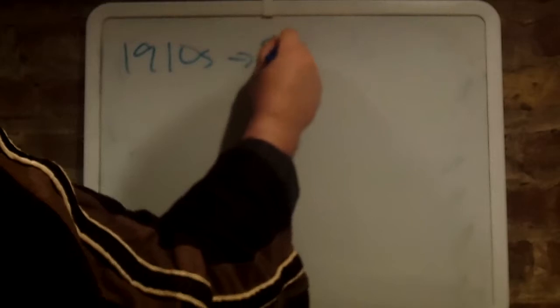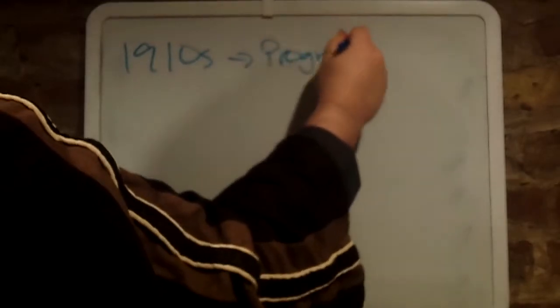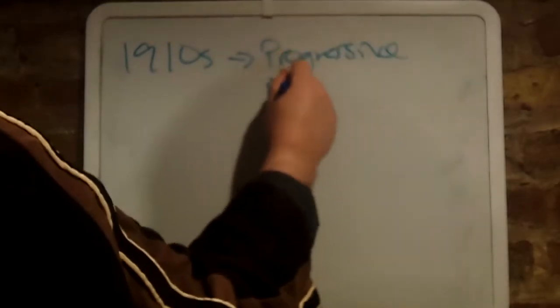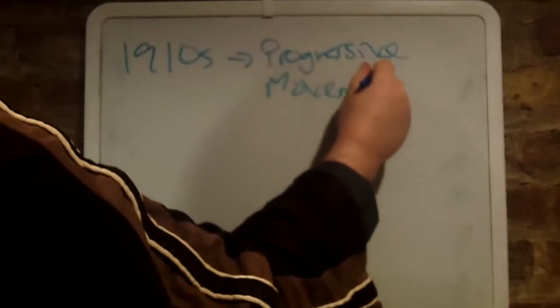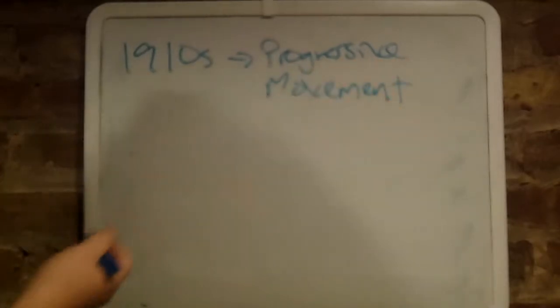So in the 1910s, you had the Progressive movement, which sought to expand the government in order to help the common people.